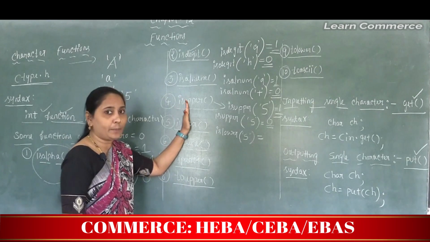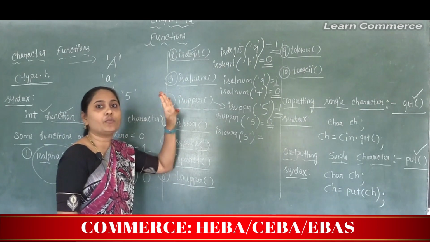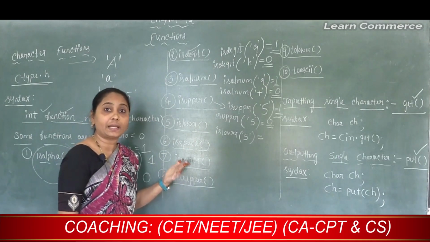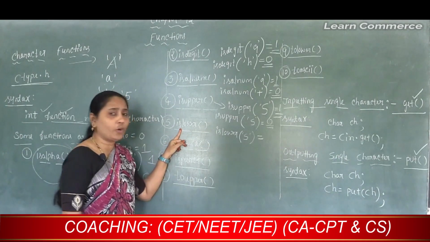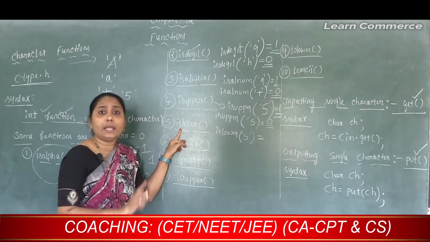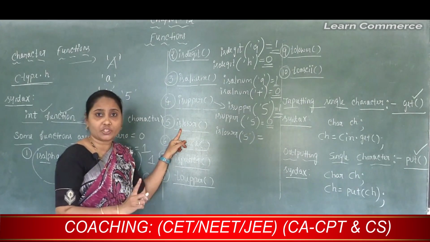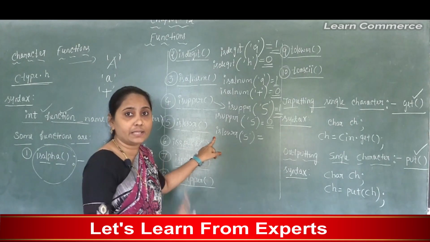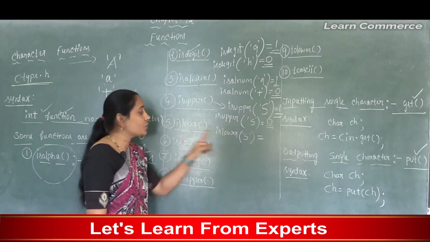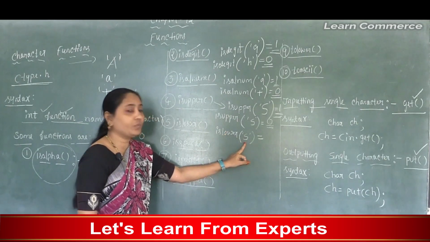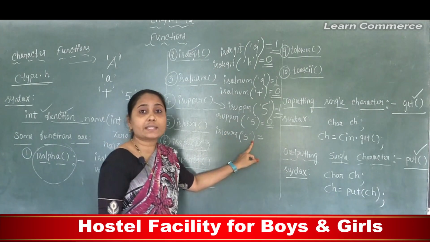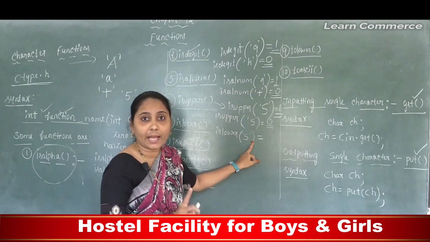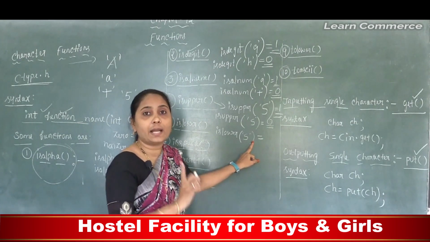We already completed the first 4 character functions till here, and later I will repeat their names, but now we are on the concept of islower, correct. The islower function returns a non-zero value if the character is a lowercase letter. So islower, opening parenthesis, and using single quotes, as we know we are in the character function, so any character enclosed within single quotes, okay.